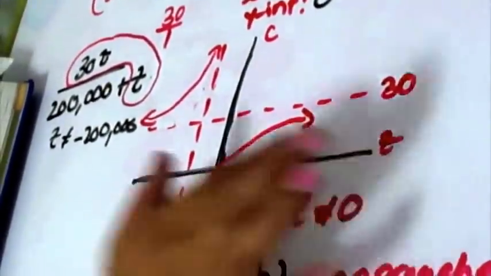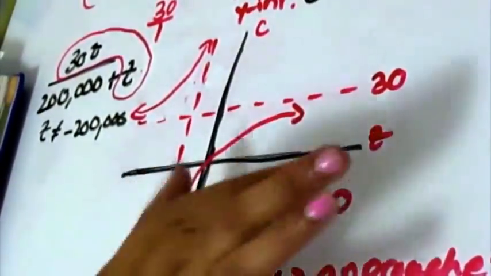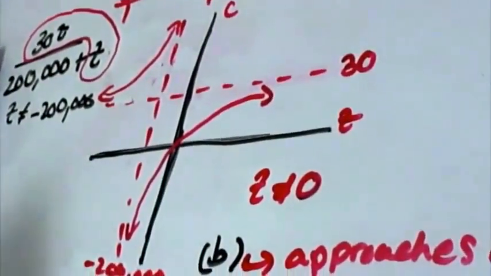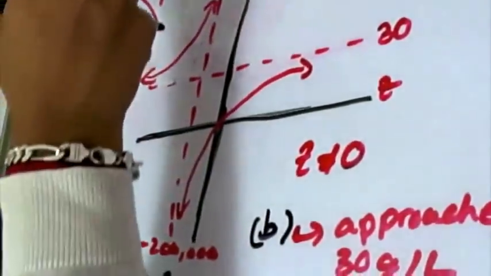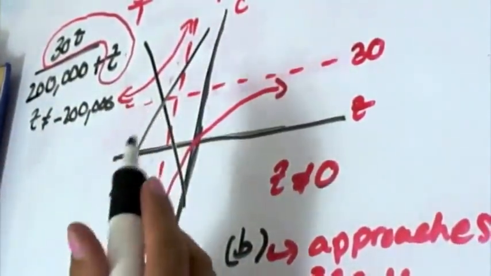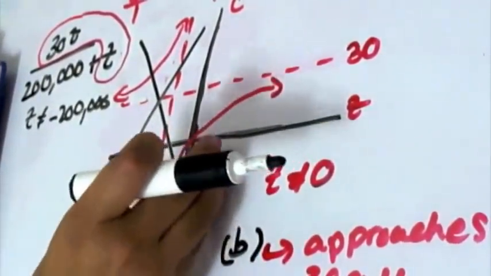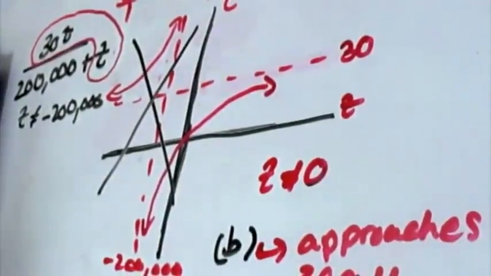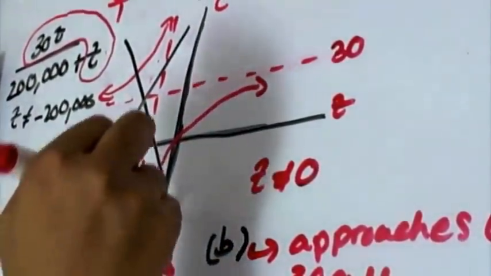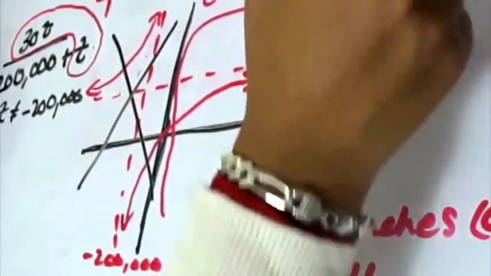T can never be negative because we can't really have negative time. So basically we're going to ignore this part of the function, in the negative part of the x values. So basically all we're looking at is this, which kind of looks like a root function.